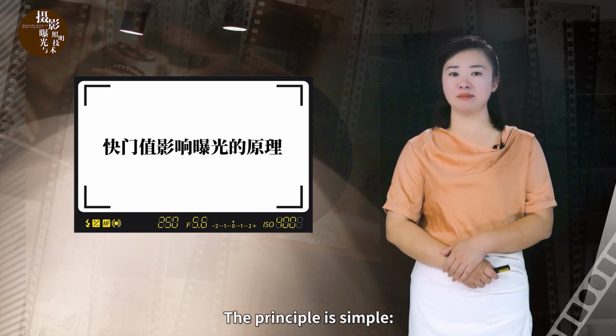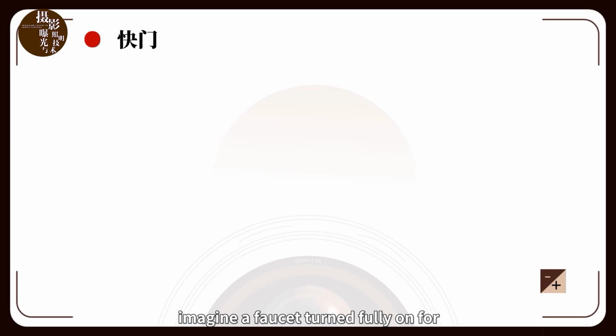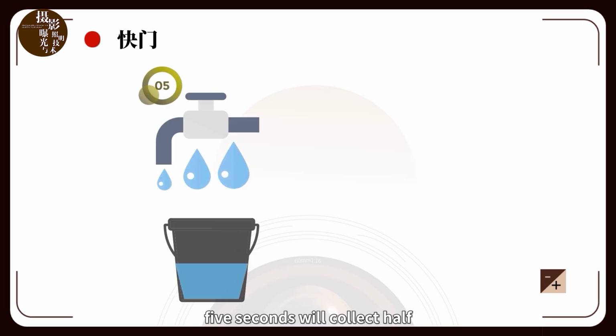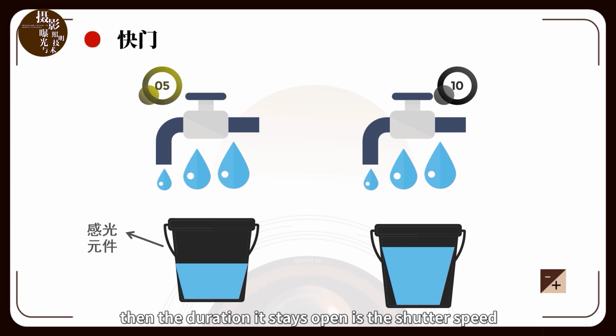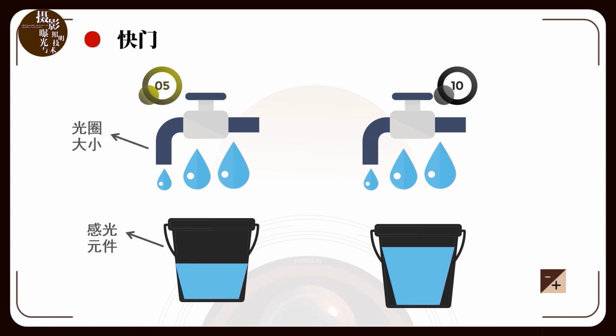The principle is simple. Imagine a faucet turned fully on for 5 seconds will collect half as much water as one left open for 10. If the basin is the camera sensor and the faucet's diameter is the aperture, then the duration it stays open is the shutter speed.